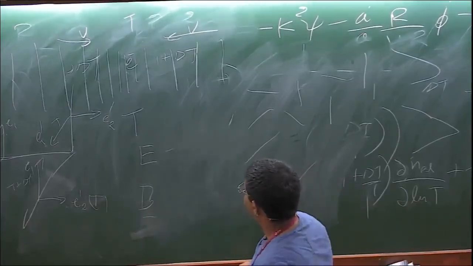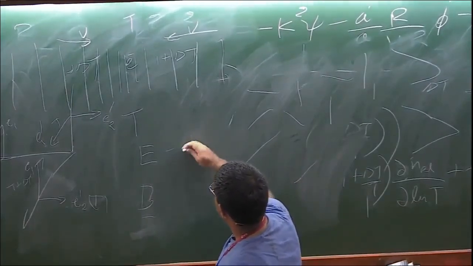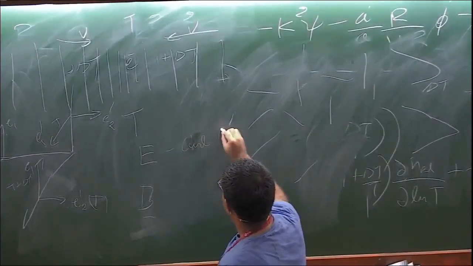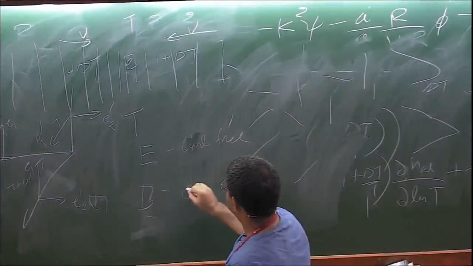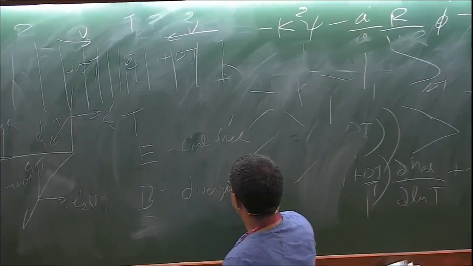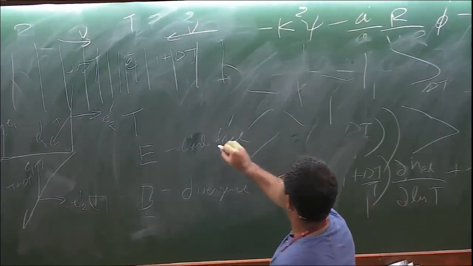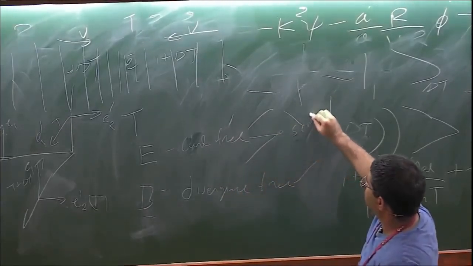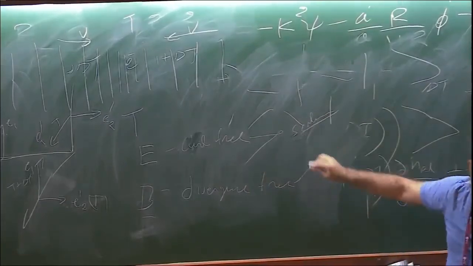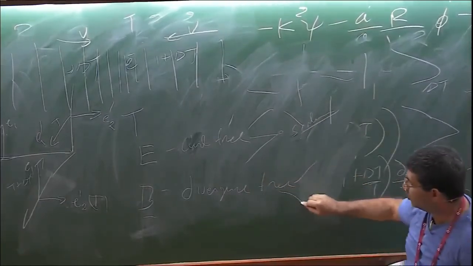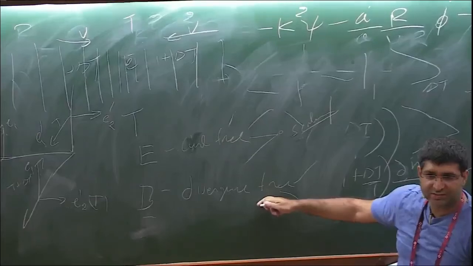So actually, let us just call it curl-free, and this is divergence-free. Curl-free just means that this is a scalar quantity, and this means that this is a purely vector quantity, divergence-free.